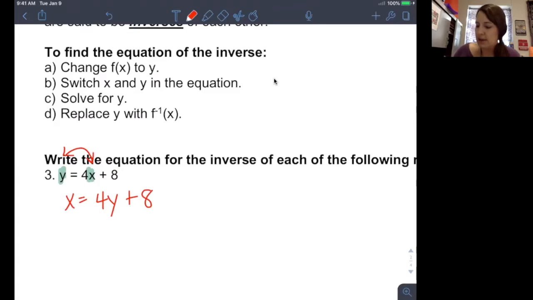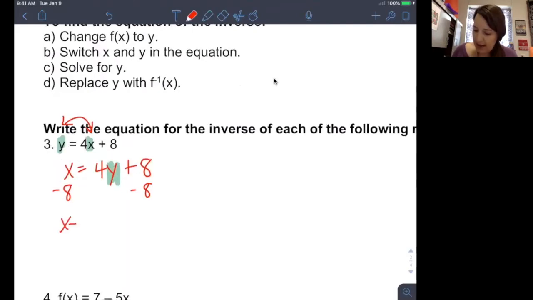Step 3 says solve for y. So we're going to need to do some manipulating of this equation to isolate the y again. Now we have x isolated. I need to move the 8 and the 4 to get the y back by itself. So I'm going to first subtract 8 from both sides. So I have x minus 8 equals 4y.